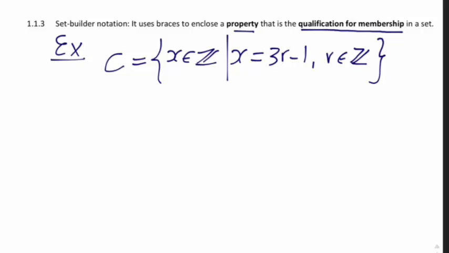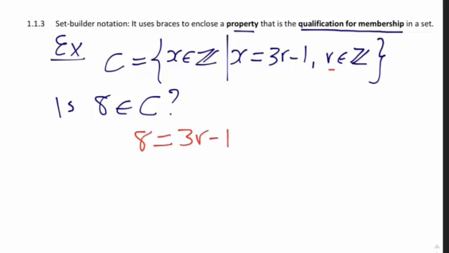So C equals the set of all x in Z such that x equals 3r minus 1, where r is an integer. Is 8 an element of C? In other words, can I find an integer r such that 8 can be written as 3r minus 1?